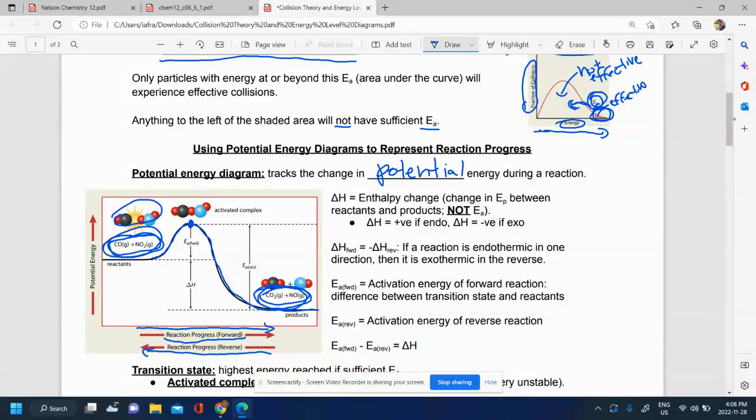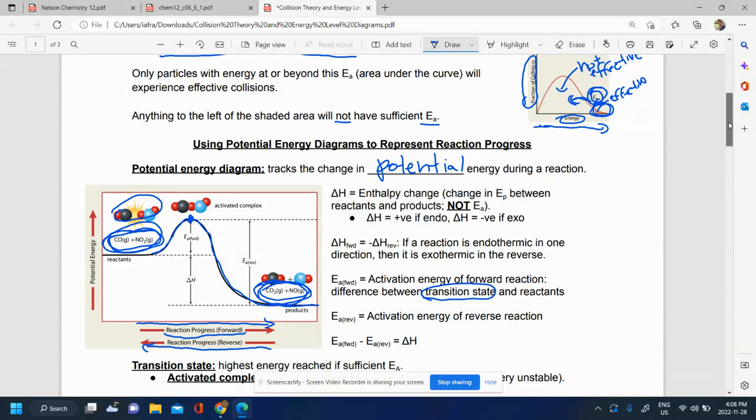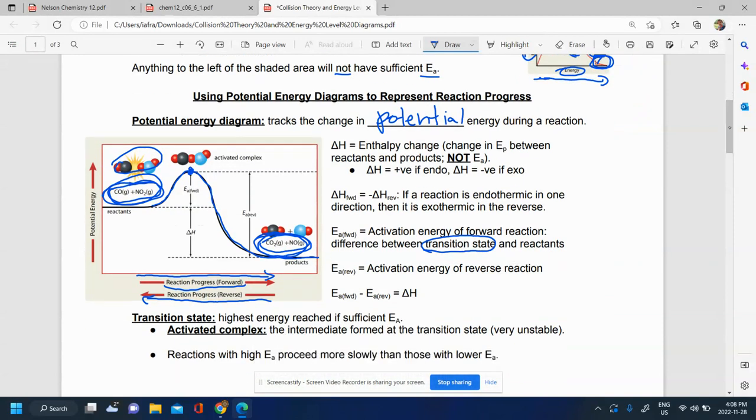The point at which the activation energy was met is called the transition state. So it's essentially the highest energy reached, and that's where you have the sufficient activation energy.